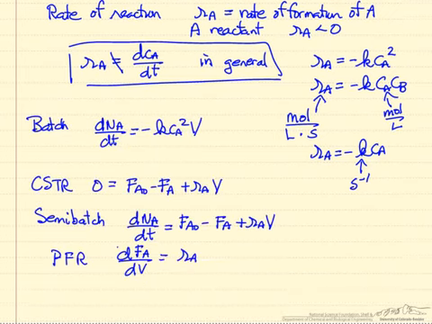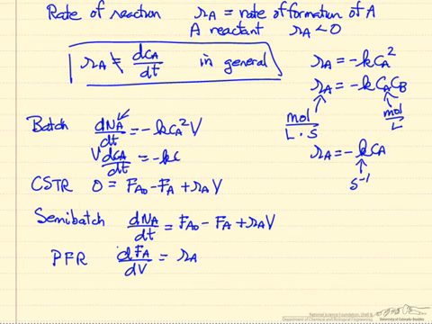So I've listed the basic mass balances for a batch reactor, where N_A is the number of moles of A in the reactor, V is the volume, the contents of the reactor. If this is liquid phase, then the left side can be written in terms of concentration, and you can see then the reaction does not depend on the volume of the reactor in terms of what fraction is converted.